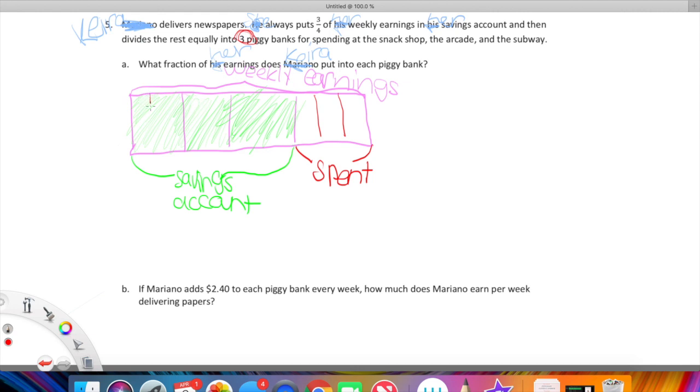So we have to divide the rest into 3 parts. This is equal to SN, which is snack. So, she spent at the snack shop, the arcade, and the subway.